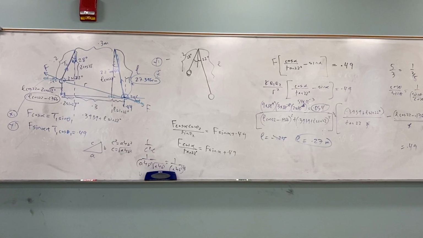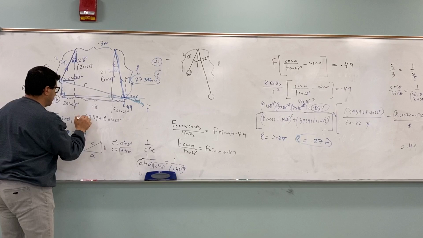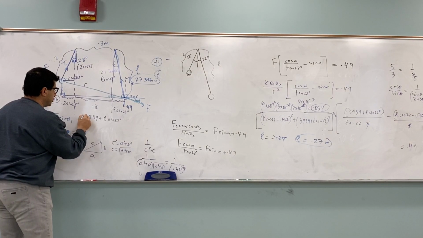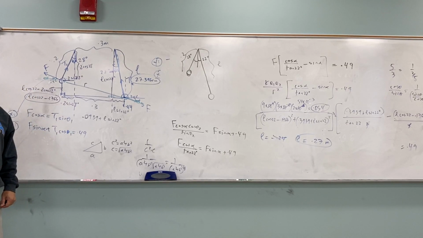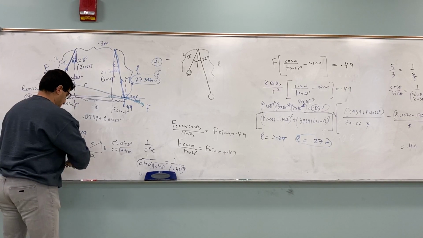Yeah, it looked like that's the only place it appeared. Cosine alpha will be right there. So if I subtract 0.3, this is going to be 0.0939 instead of 0.3939, right?